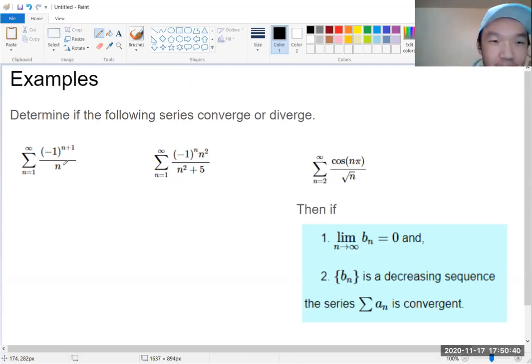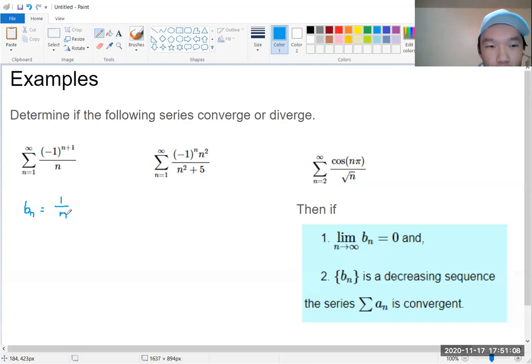So it's alternating because we have the (-1)^(n+1), right? And then can you identify b of n in this question? Yeah, so b of n in this case is 1 over n.